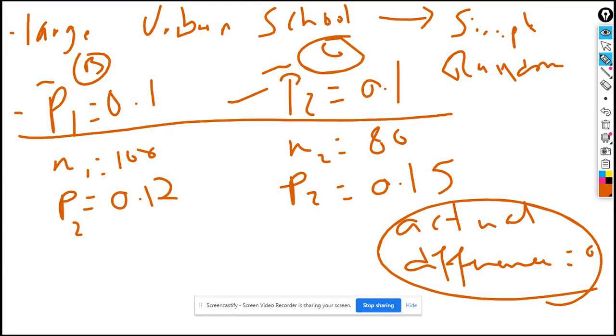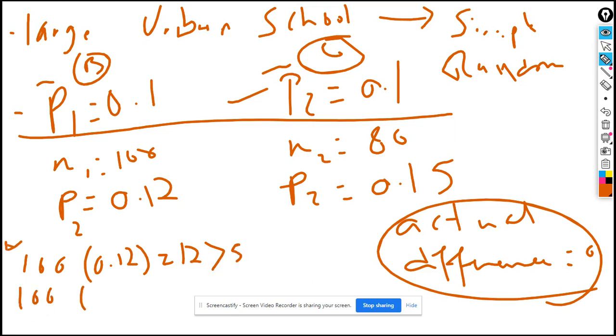Now I'm going to check the number of the sample, 100, multiplying by P, which is 0.12, giving me 12, more than 5. So that's the first step. 100 multiplying by 1 minus 0.12, which is 0.88, giving me 88, more than 5.